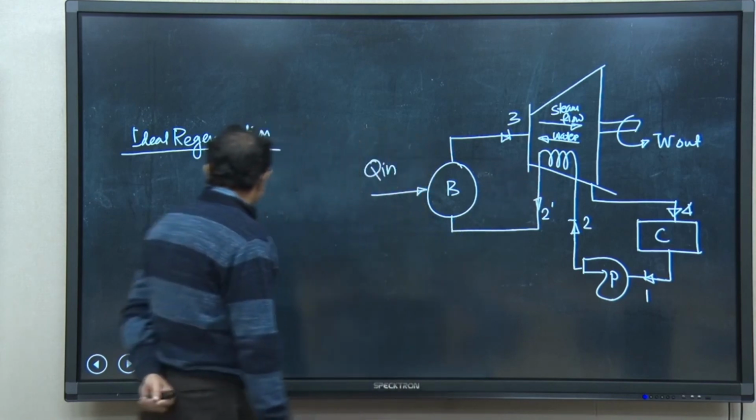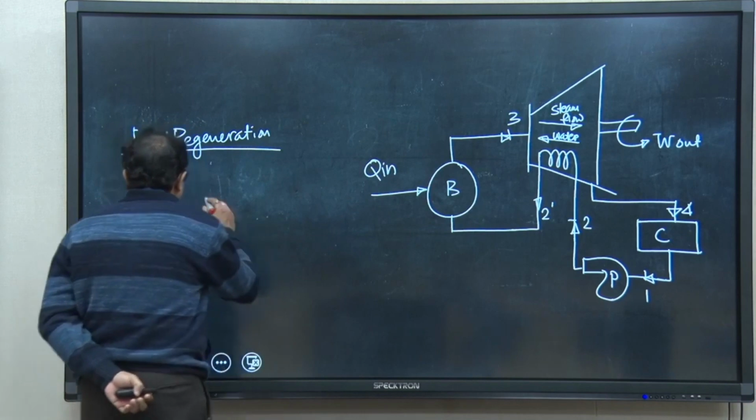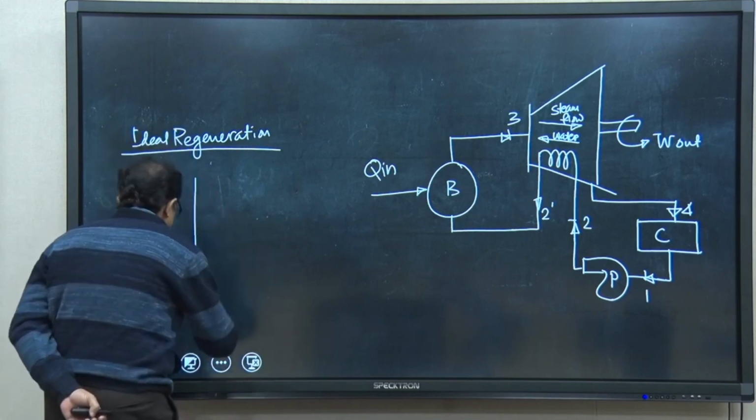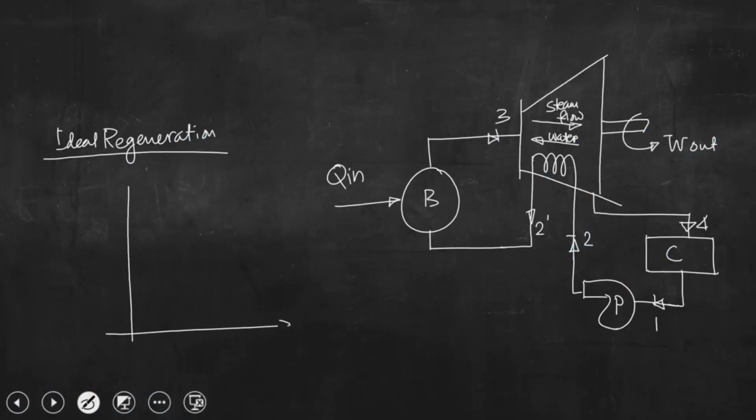Okay. So, if we try to draw the TS diagram, we consider the simple Rankine cycle.